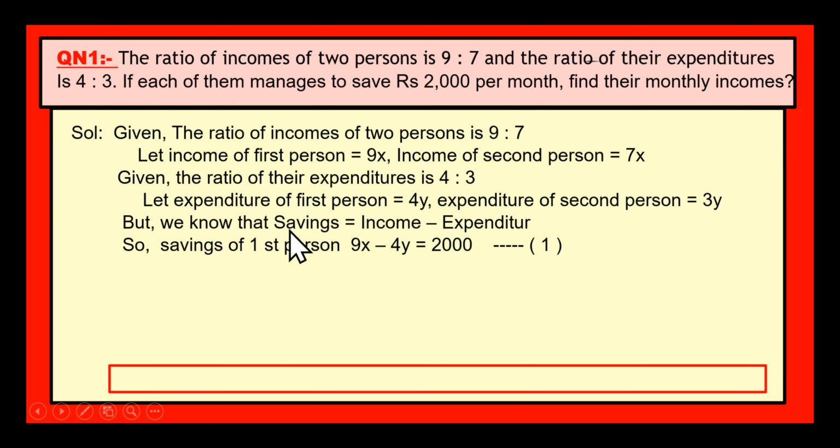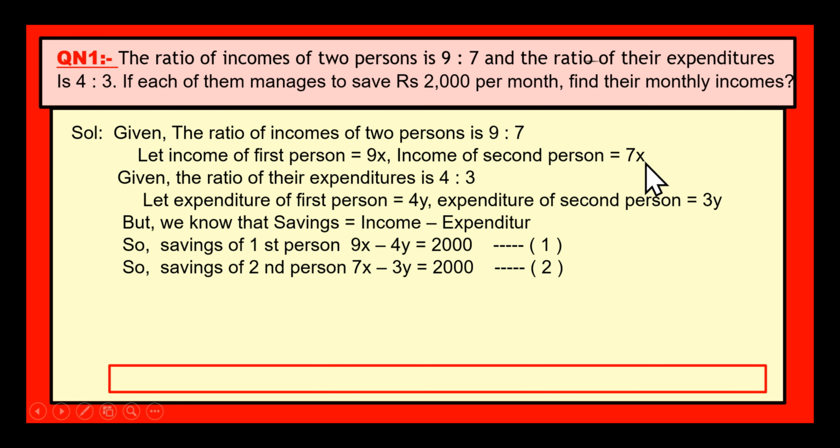Is it clear? We know that income minus expenditure is equal to saving. Here for the first person the income is 9x and the expenditure is 4y. Therefore, if we subtract expenditure from income, that is 9x minus 4y is equal to 2000 rupees. This is the first linear equation in two variables x and y. Similarly, let us frame the second equation. Now come to savings of the second person.